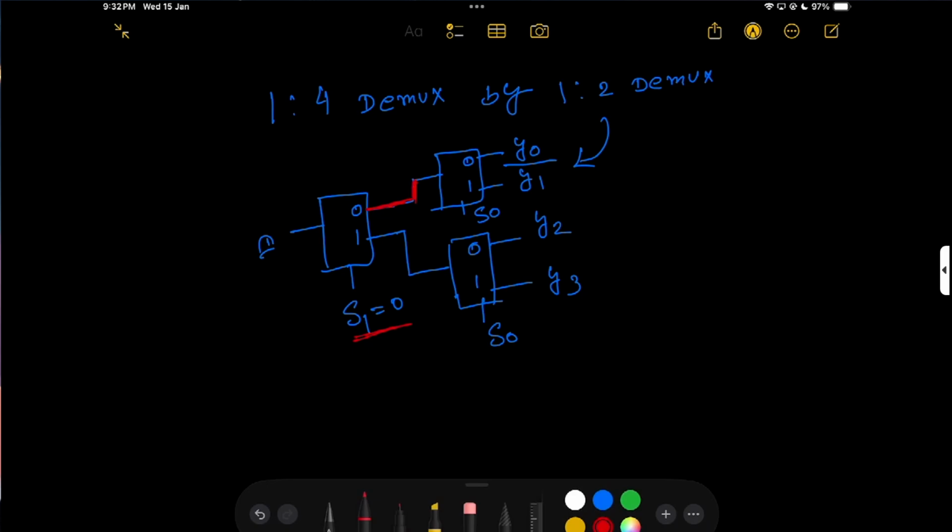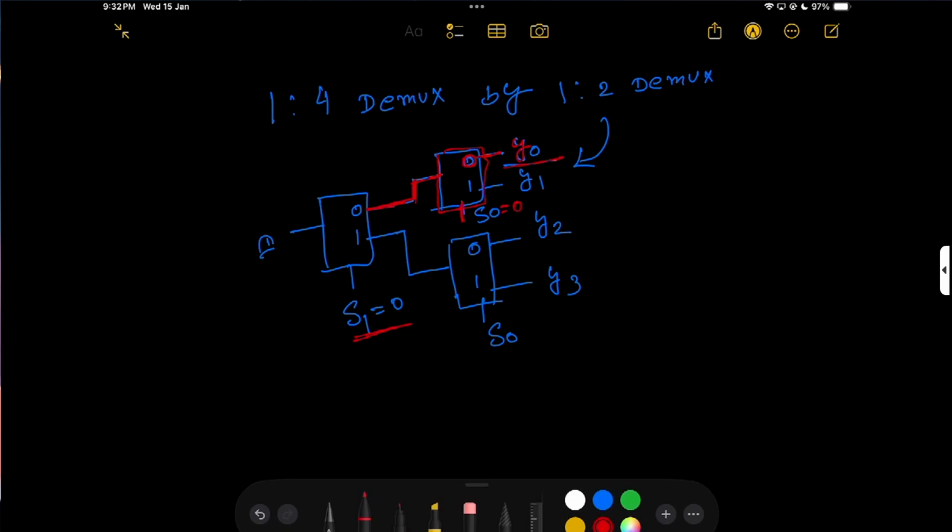If this is selected, then this is the input of this demux, where S0 is the select line. If my S0 is again 0, then this 0 is the output Y0.